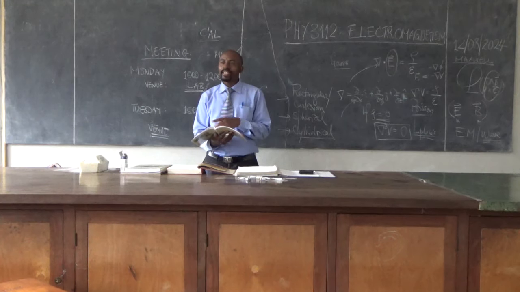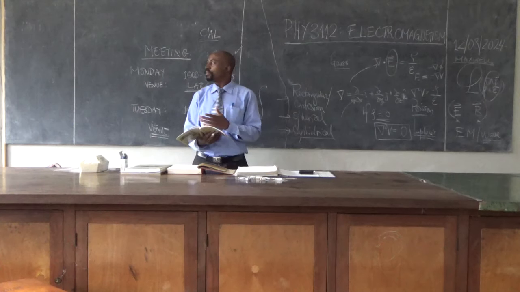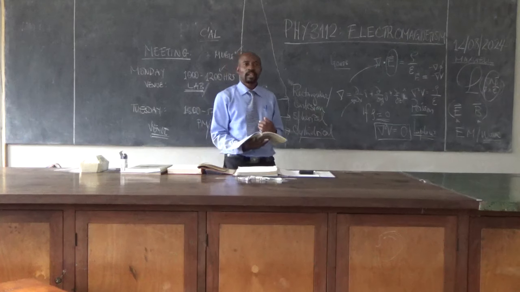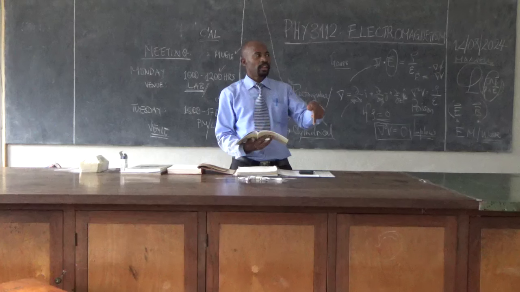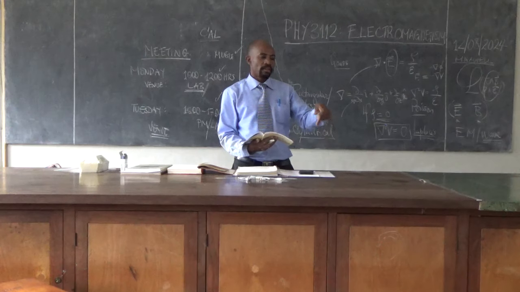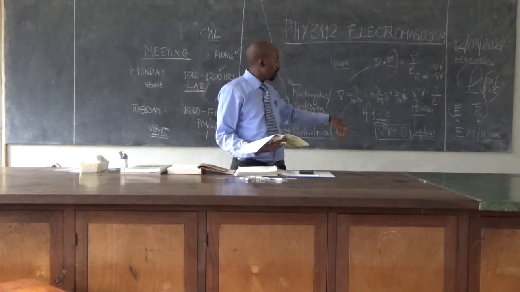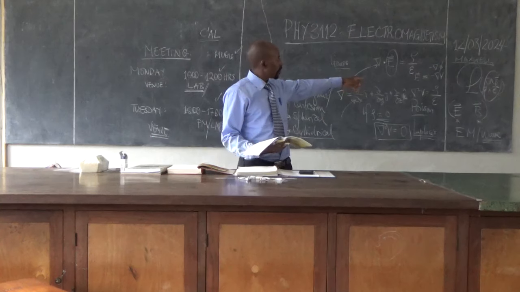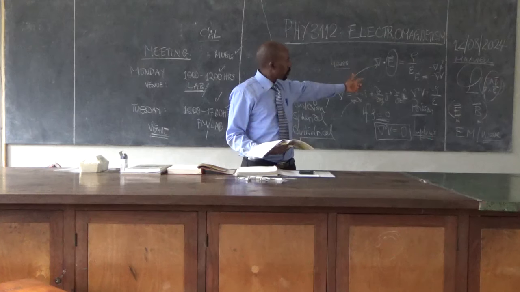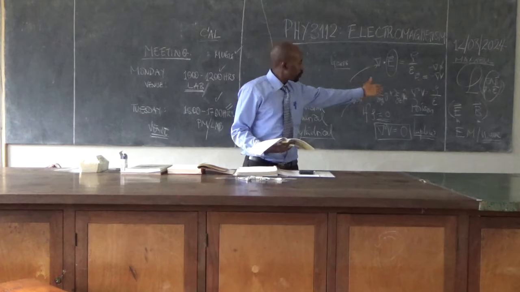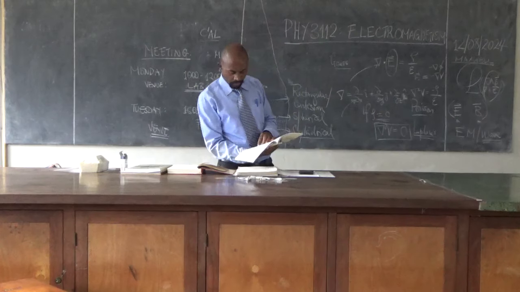And any electric field produced by this charge will be perpendicular to the surface of the conductor. And of course, the potential inside this conductor will also be the same. Charge is neutral, potential is the same, so the potential will be constant.